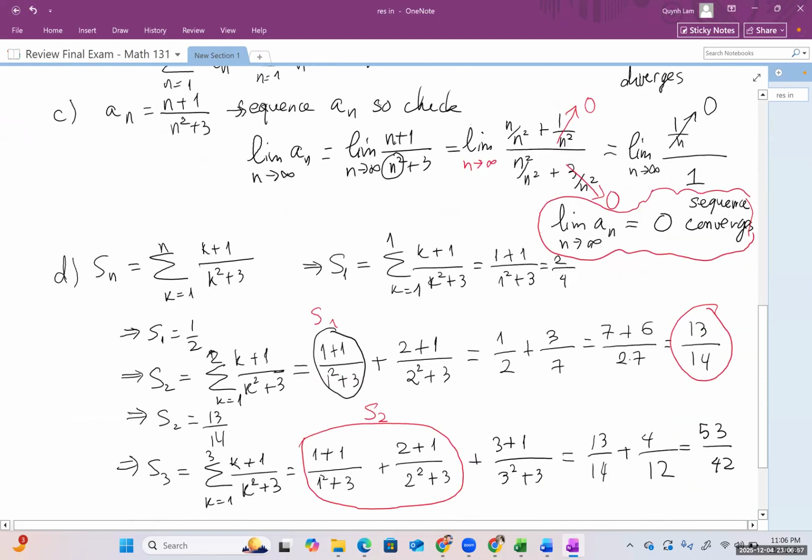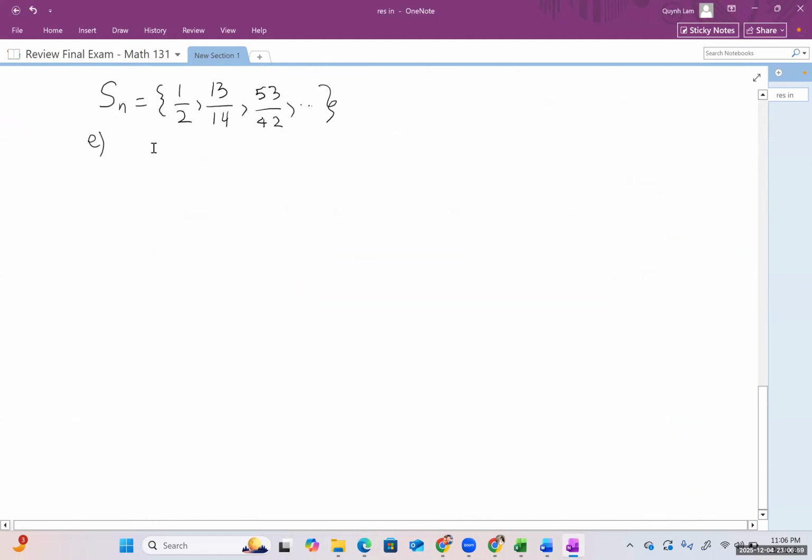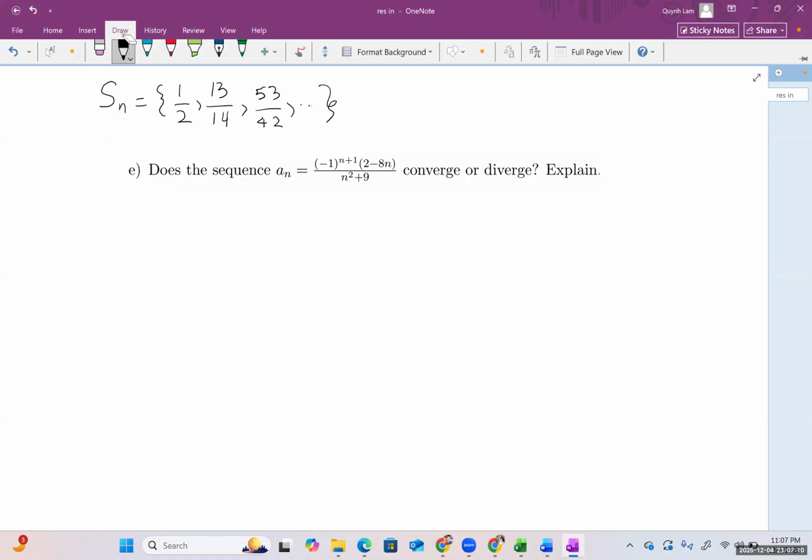So smooth out here. All right, and you see that we are checking if the sequence converges or diverges.